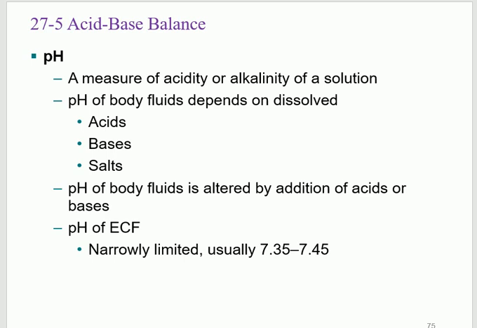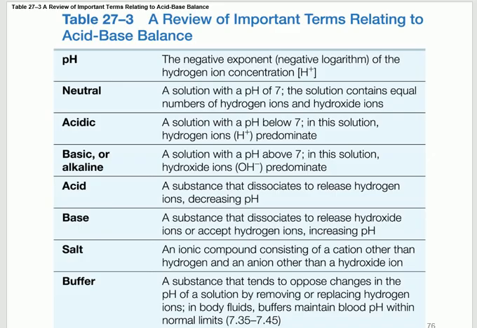It works the same way. So I have those two, and if I put them together, that's called salt. So here is the normal pH, and we don't need to know how they come up with the negative logarithm. That's not something that you need. You just need to know that the pH is a measurement of acidity or alkalinity. That's it. And normal is 7.35 to 7.45.